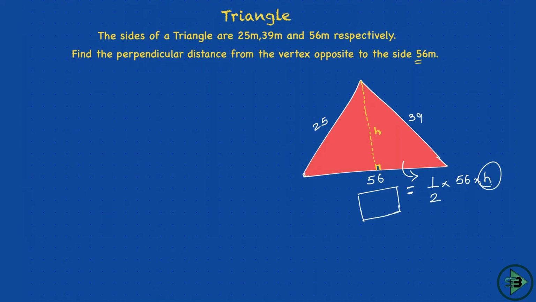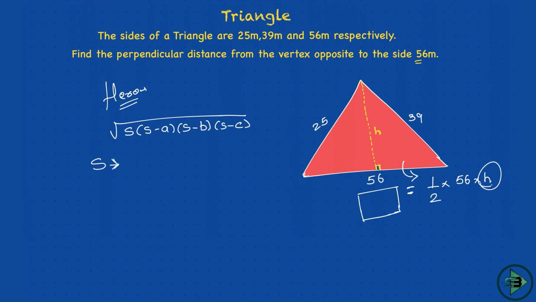So there is one more formula for the area of a triangle. We had learned that, Heron's formula. The area of the triangle is given as square root of s into s minus a into s minus b into s minus c. Correct? We know this as well. And s is nothing but the semi-perimeter. So s here is the perimeter, which is the three sides a plus b plus c, divided by 2.